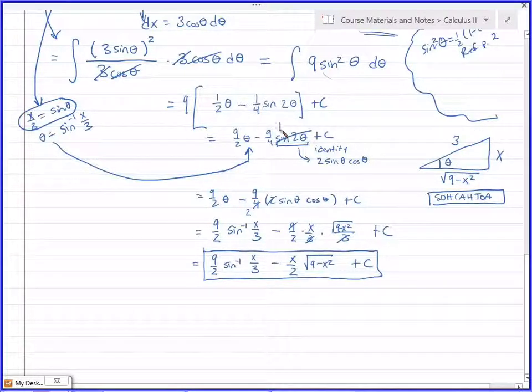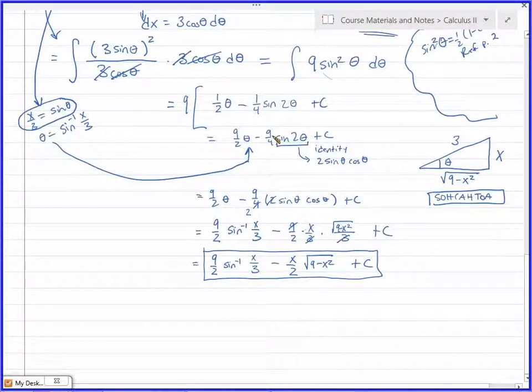If this had been a tangent of theta for some reason, then I would have done x over square root of 9 minus x squared, opposite over adjacent. If it had been secant in my resulting formula here, secant is 1 over cosine, so it'd be 3 over square root of 9 minus x squared. You just use whatever trig function is appropriate.